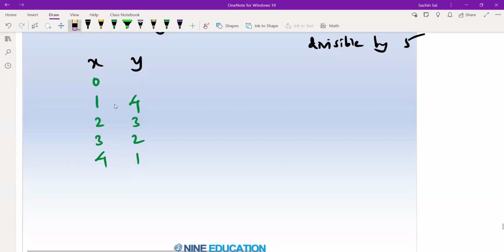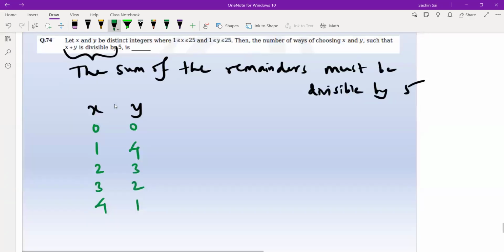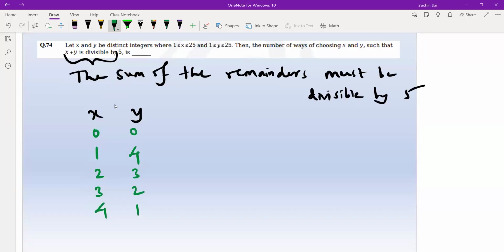Sorry, the first should be 0, 0 because you can't have remainder 5. So either both X and Y must be divisible by 5, or X must leave remainder 1, Y must leave remainder 4, or X must leave remainder 2, Y must leave remainder 3, and so on.